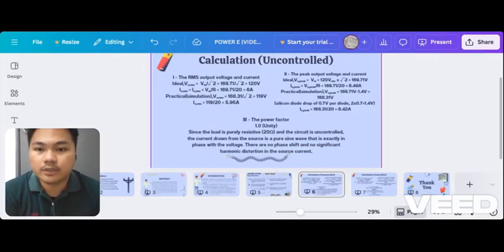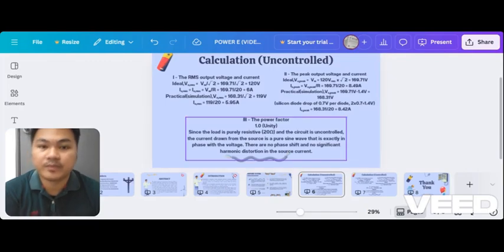So for the practical, it is the simulation value. V out RMS equals 168.31 over square root 2, equals 119 volt, while for the I out RMS equals 119 volt over 20 ohm, equals 5.95 ampere.